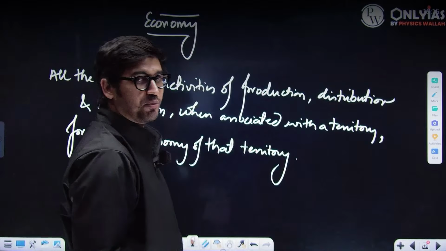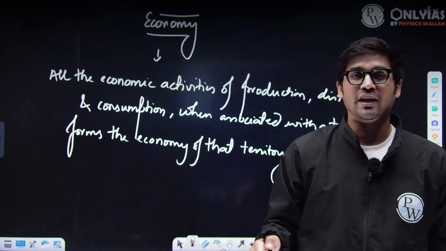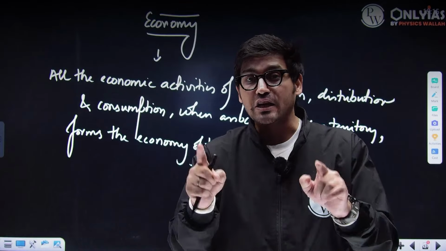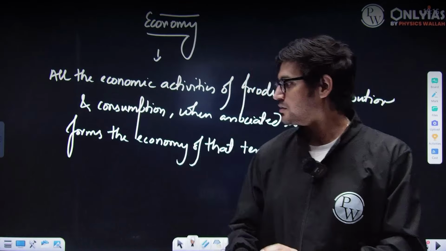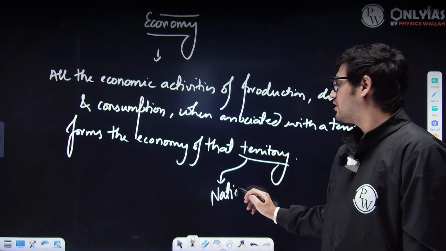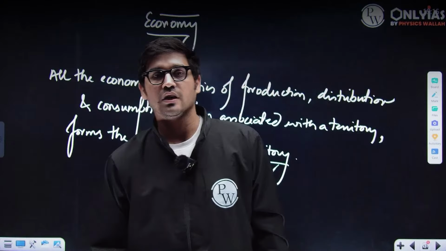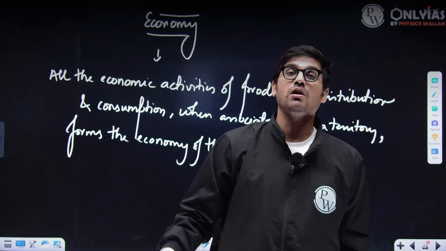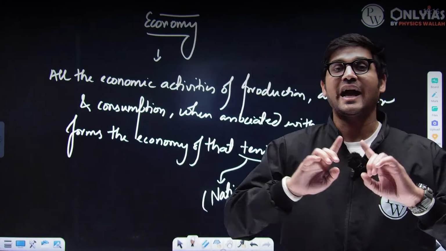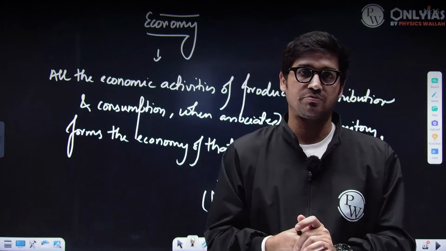All the 3 important economic activities of production, distribution, and consumption associated with the territory or happening within a territory constitutes the economy of that territory. If that territory is a nation, then you are talking about national economy, which means all the production, all the distribution, and all the consumption of goods and services happening within Indian territory comprises Indian economy.